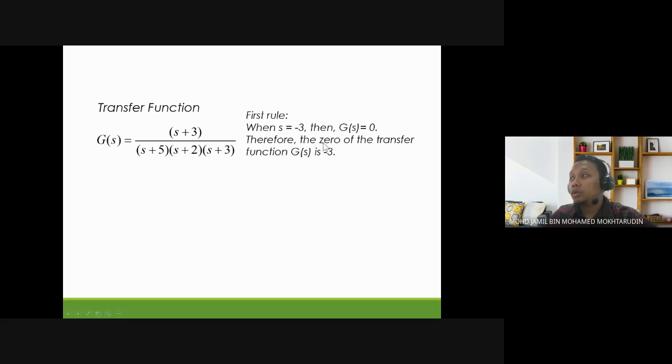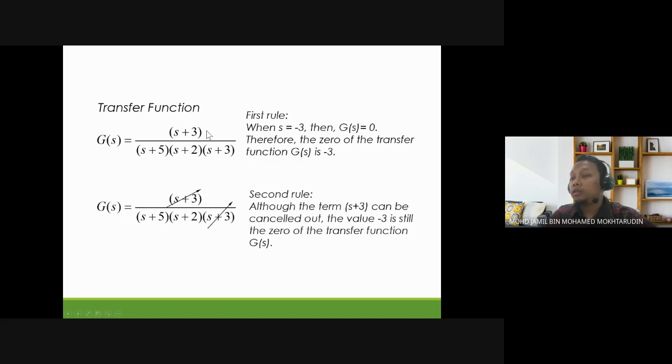So the zero of this transfer function is minus 3, only 1 zero. Just now there were 3 poles, but for zeros there is only 1. And using the second rule, even though we can cancel s plus 3, minus 3 is still a zero of the transfer function, even though you have cancelled them out.